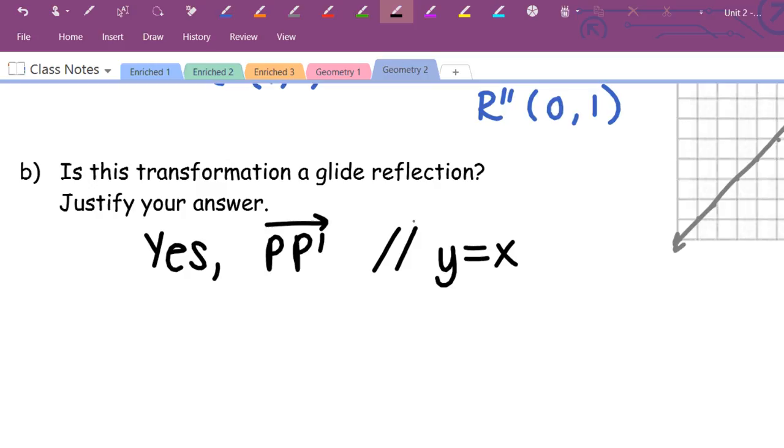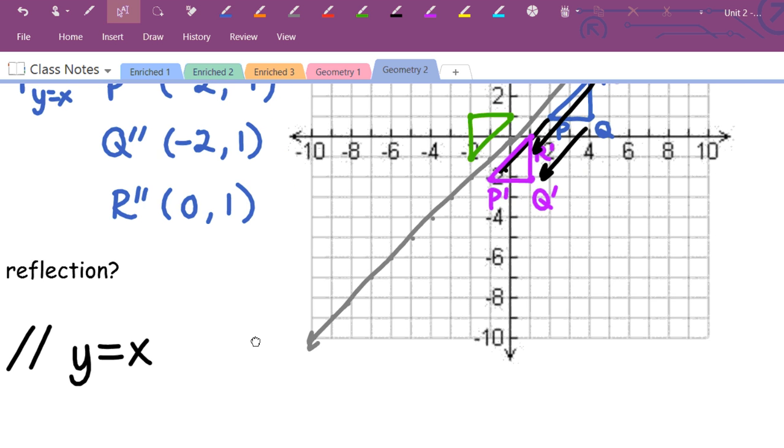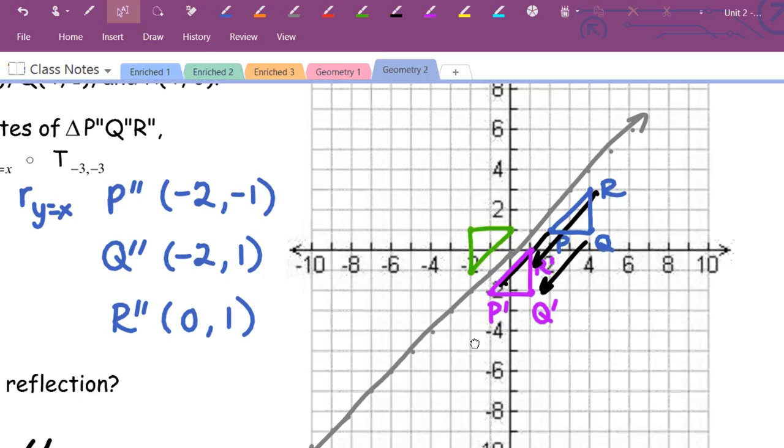We can just say our vector, our slide from P to P prime, that motion is parallel to the line y equals x. And was that the case? Yes or no? I'm looking at that right now. All of this motion, was it parallel to the line that you're reflecting over? Is that tough to do?